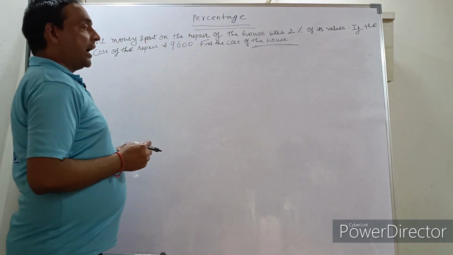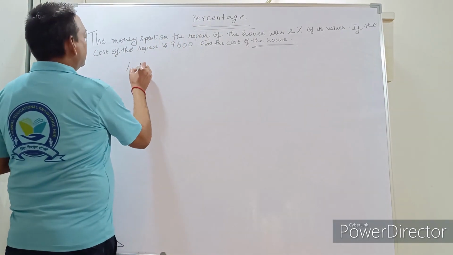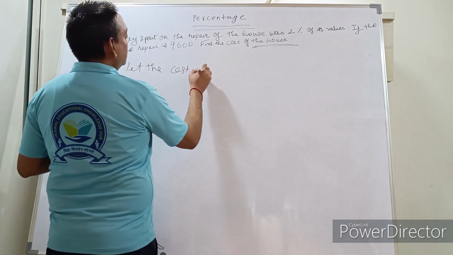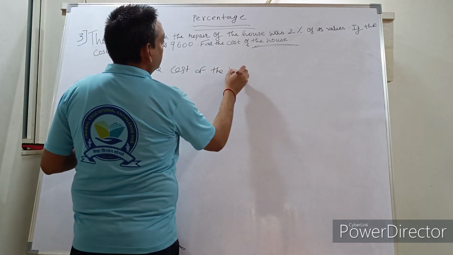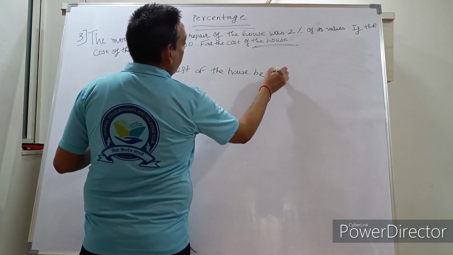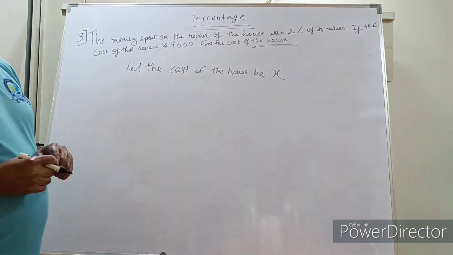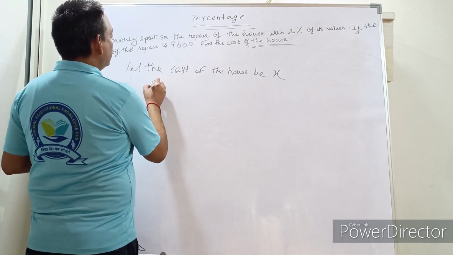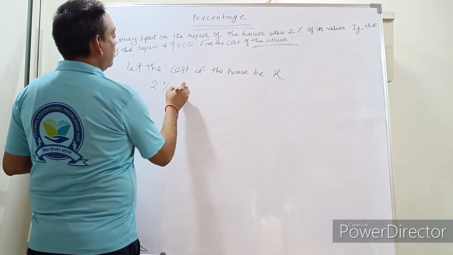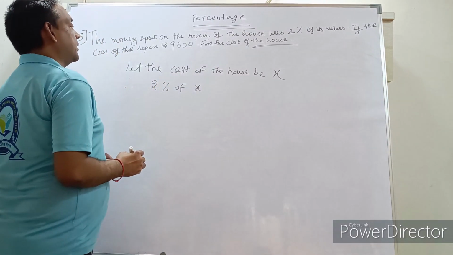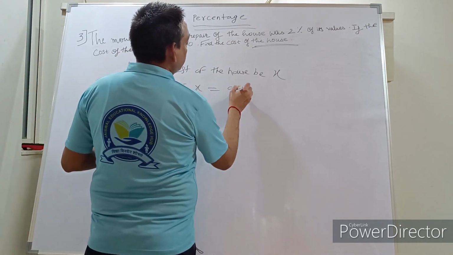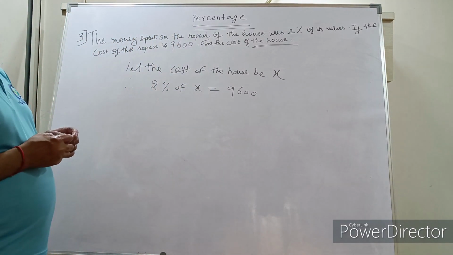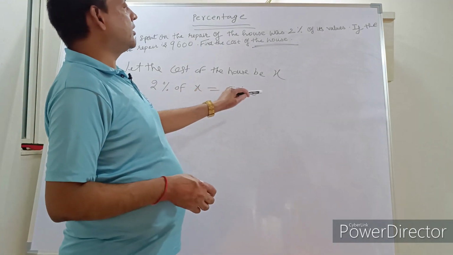So directly we'll take, let the cost of the house be X. Therefore, what is given? 2% of X is equal to 9,600.